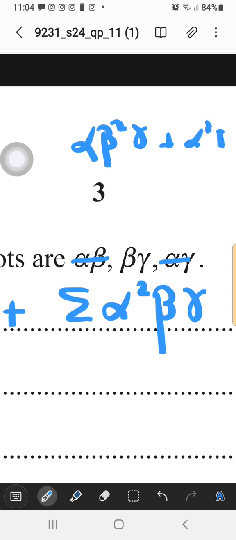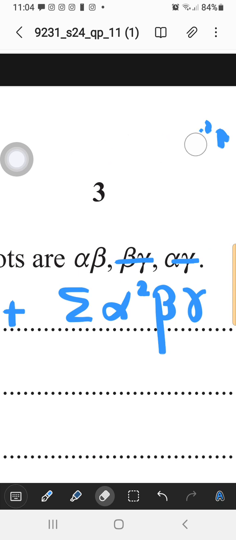If we multiply this with this, then add, if we multiply this and this, we will get alpha beta square gamma, and then we multiply this with this, we will get alpha square beta gamma, and then if we multiply this with this, we will get alpha beta gamma square. So that becomes the sum of alpha square beta gamma.